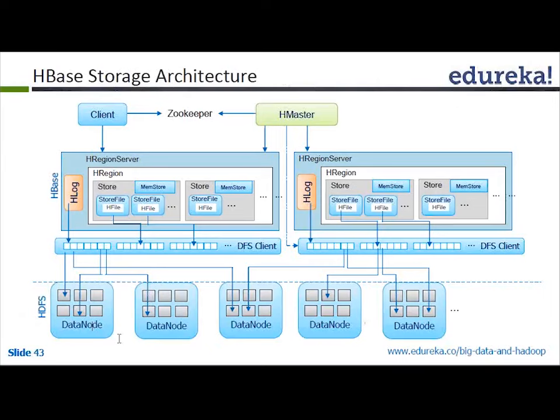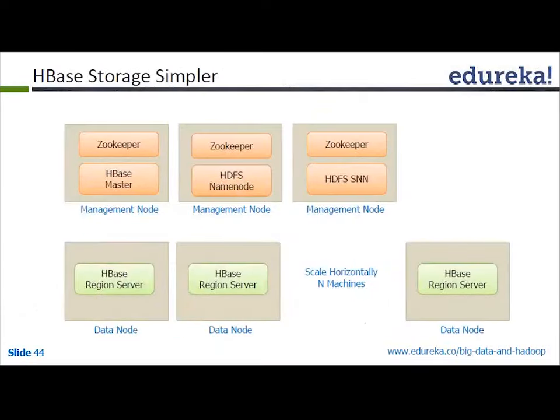Please note the region server daemons are going to be running on the same machine where the node manager is going to be running. Don't think that they are going to be specialized machines or other machines. So when I said 132 node cluster, the 24 nodes that are running the region servers also have node manager and data node running, Manish. Now, in case you want to have a look at it, this is how a physical distribution would be.